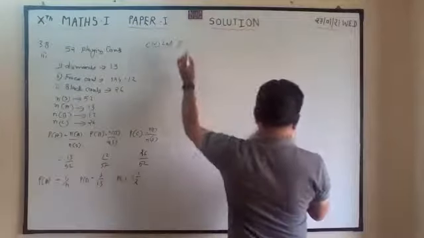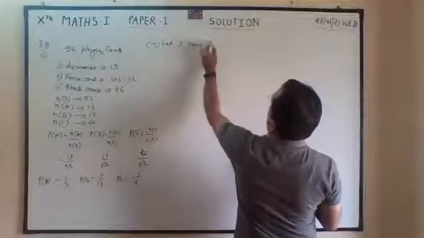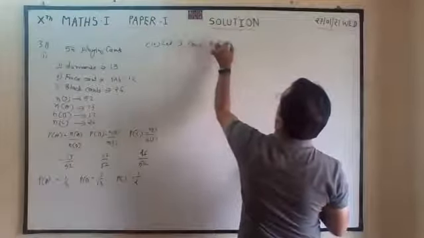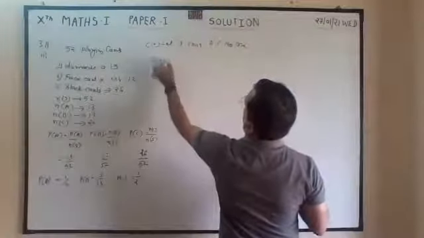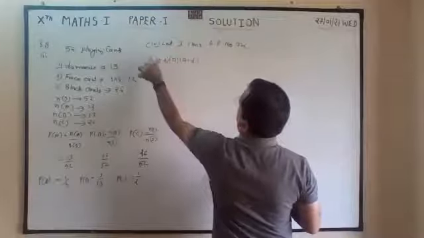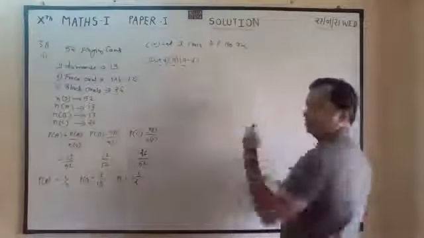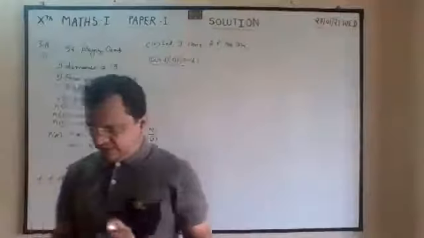Let three consecutive AP numbers be a plus d, a, a minus d. See, it is decreasing. Suppose it is increasing, then a minus d, a, a plus d.